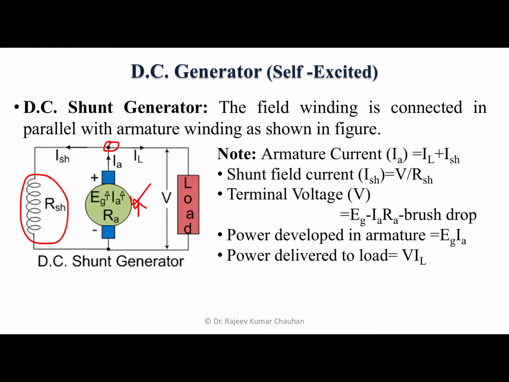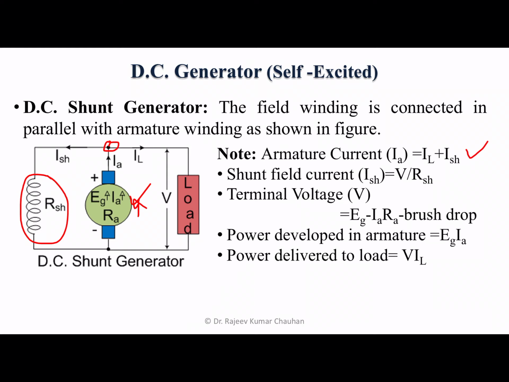You will get that IA is equal to IL plus ISH, because as per the Kirchhoff current law, the entering current at a node is equal to the sum of the outgoing currents. So, the entering current is IA at this node, while the outgoing currents are ISH and IL. Okay.